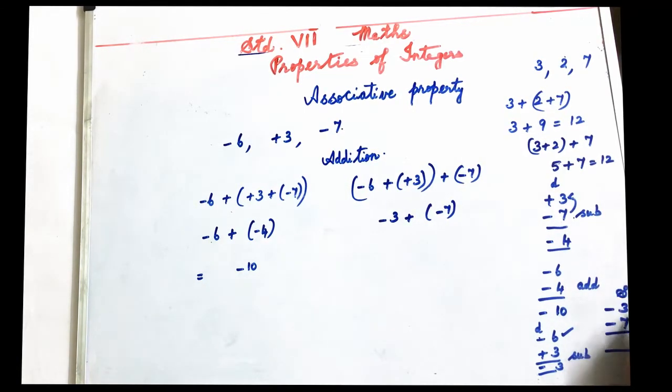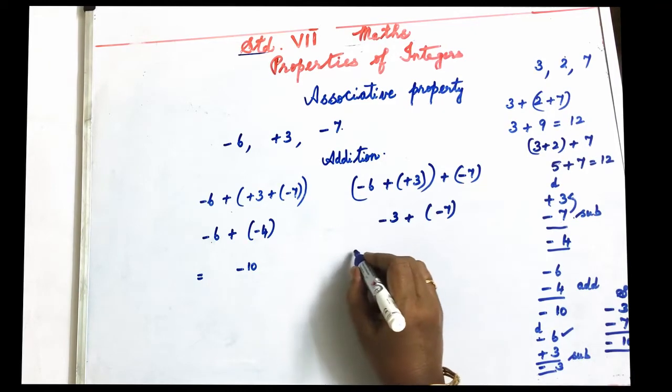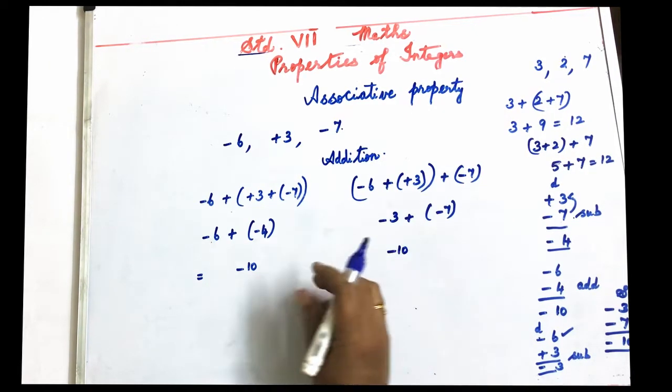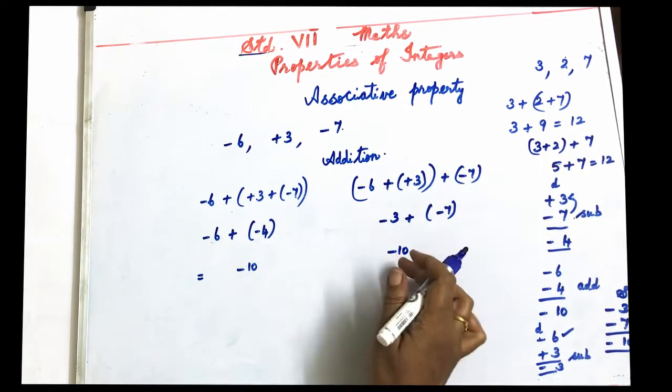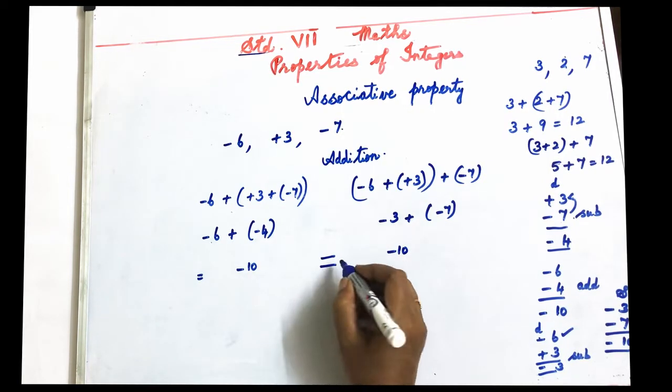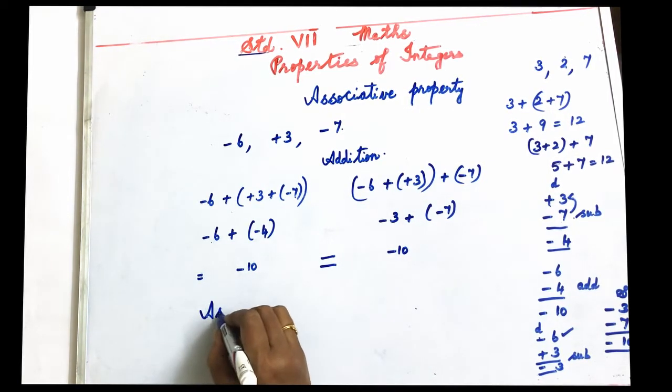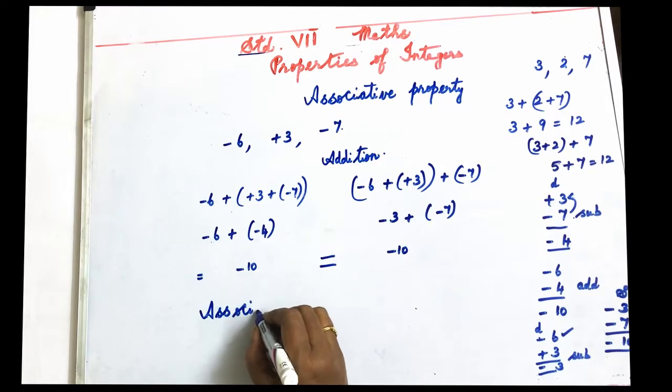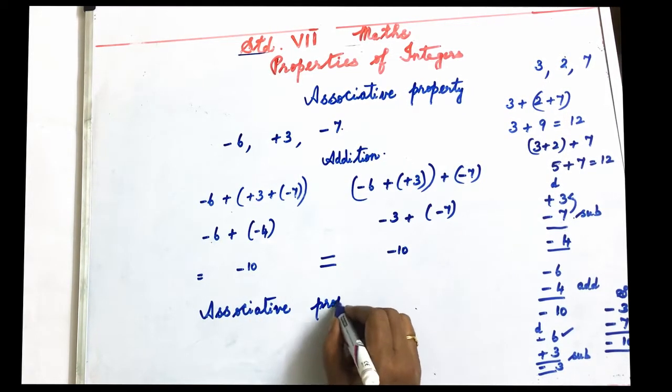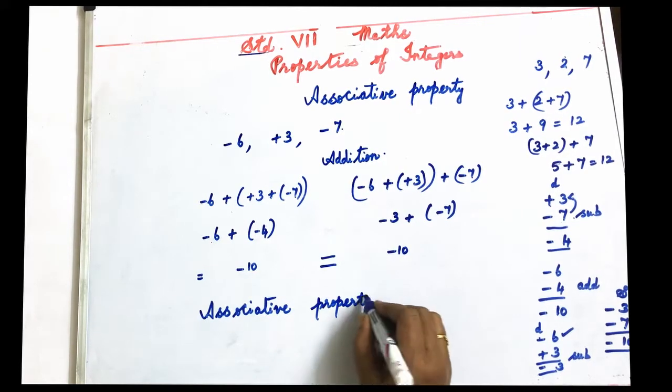Here signs are same, so we have to add. 7 plus 3 is 10. Same sign, and also it is minus, so minus 10. So the right hand side answer and left hand side answer is same. So both are equal. So associative property is true for addition.